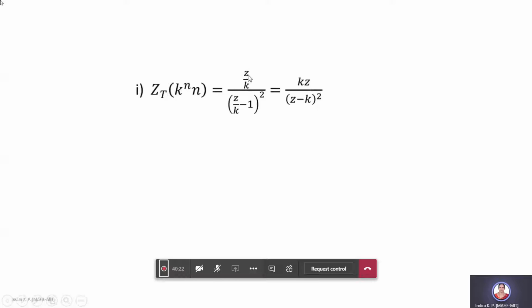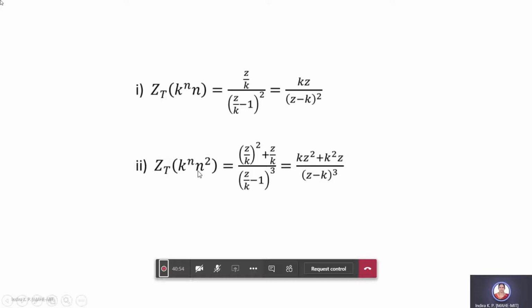So I am replacing z by z by k in z by z minus 1 whole square, which gives kz by z minus k whole square. I hope you know that z transform of n is z by z minus 1 whole square. Replace z by z by k. So you will get kz by z minus k whole square.